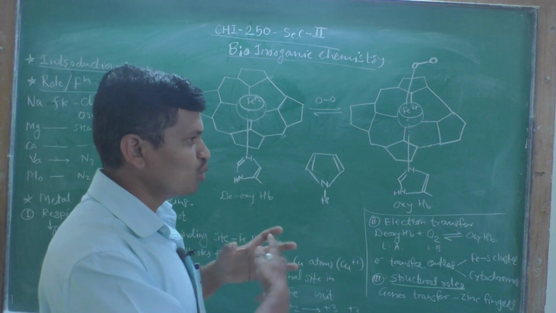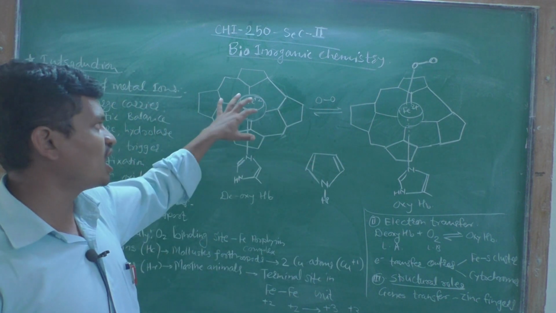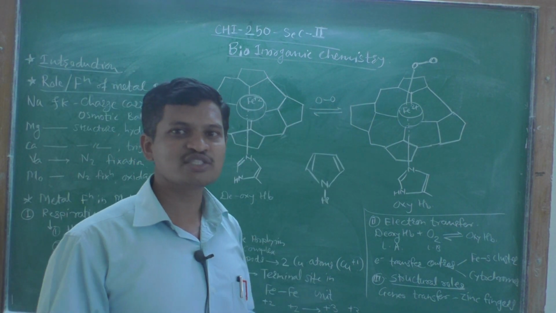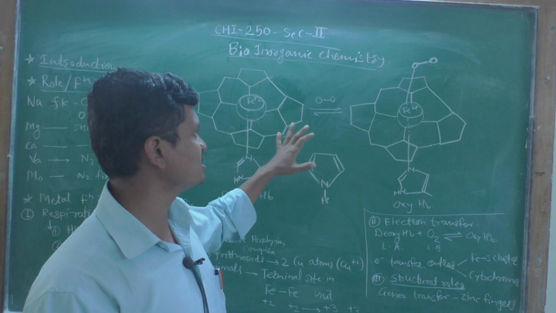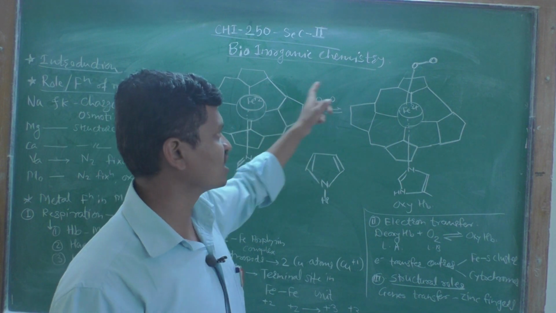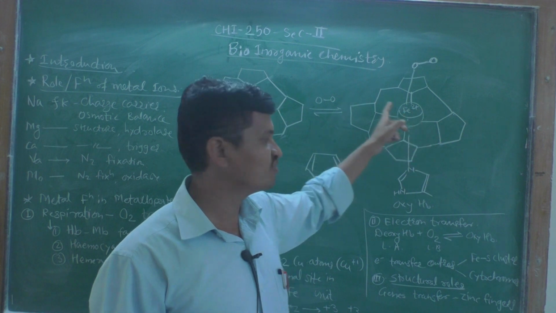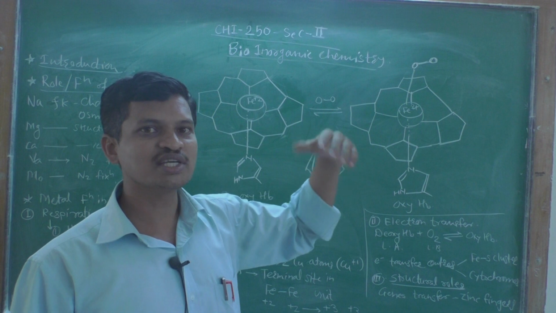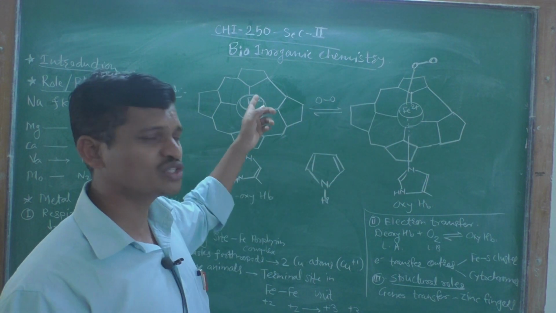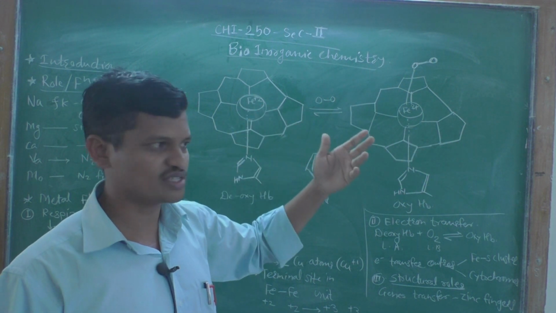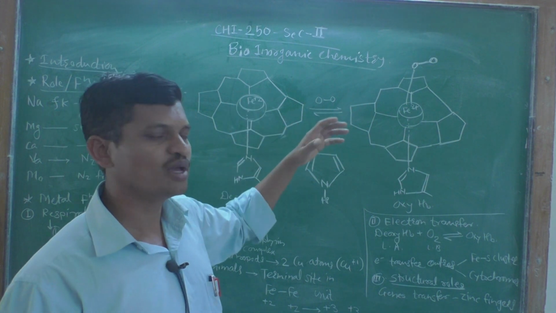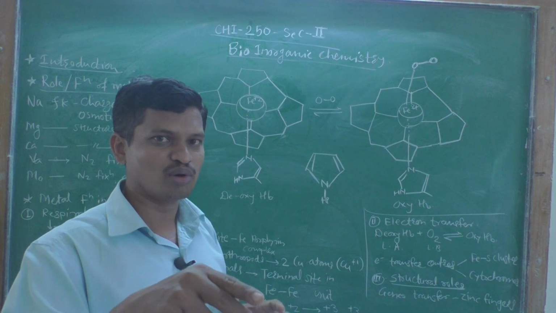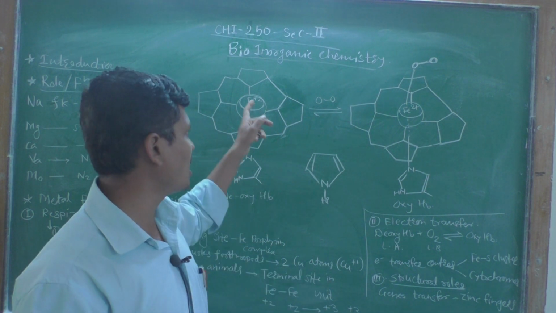When the O2 molecule comes in contact with this iron porphyrin complex, some structural changes take place, and this Fe2+ is converted to Fe3+. Here the oxidation number is increased, meaning oxidation of Fe2+ takes place, which means there is binding of the O2 molecule on the iron.